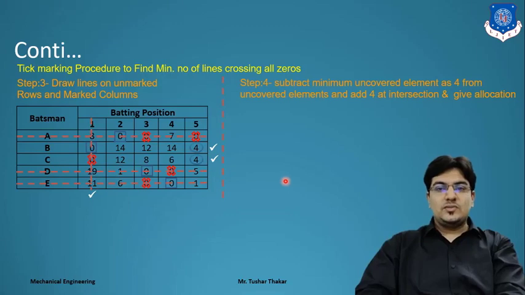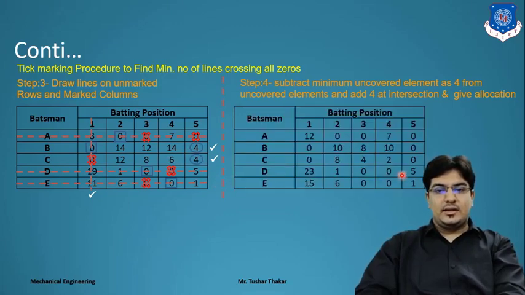So we subtract that 4 from each uncovered element. 40 minus 4, that is 10. 40 minus 12, that is 8. 40 minus 4, that is 10. 4 minus 4, that is 0. Same thing here: 12 minus 4, that is 8. 8 minus 4, that is 4. 6 minus 4, that is 2, and the last one is 0.